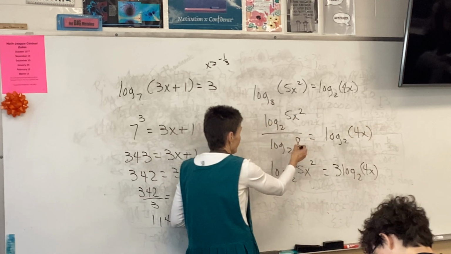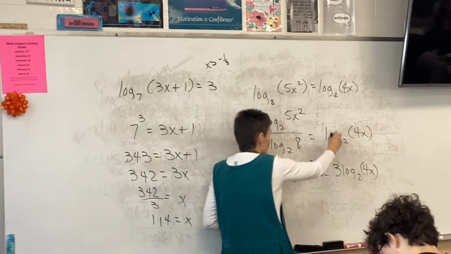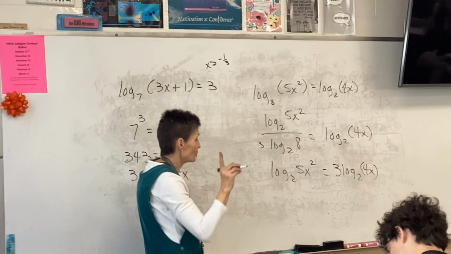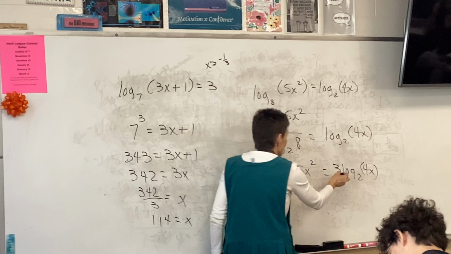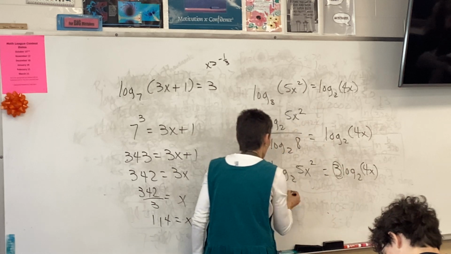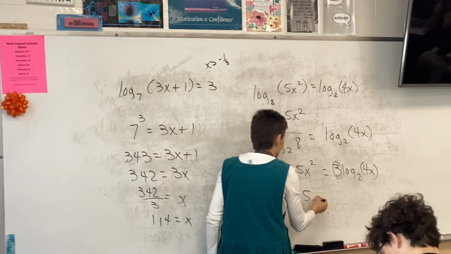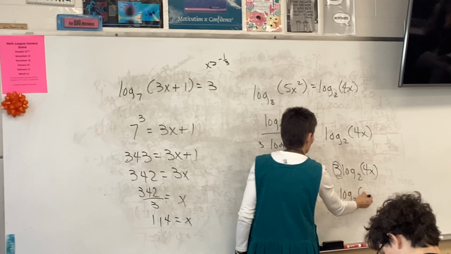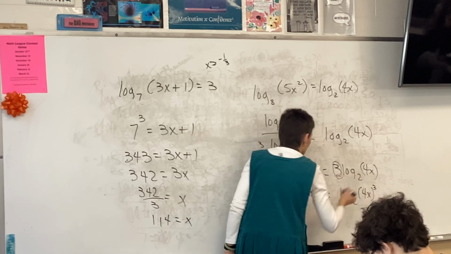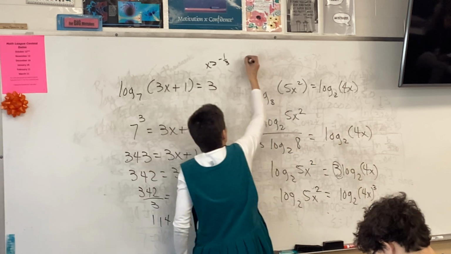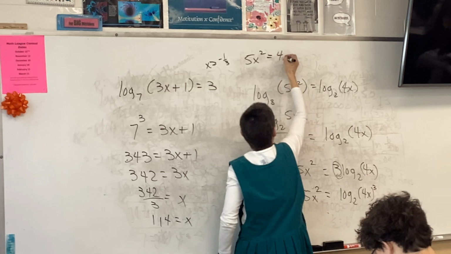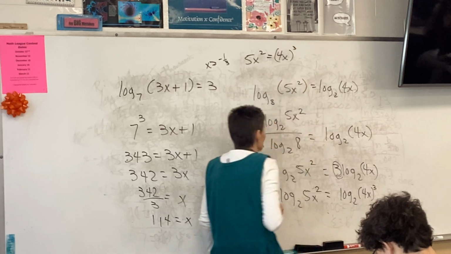This is 3, so just multiplying the 3 over to the other side. You don't drop them yet. You've got to take care of this, right? What am I going to do with that? Where's he go? And now I can drop them. So 5x squared equals 4x quantity cubed.